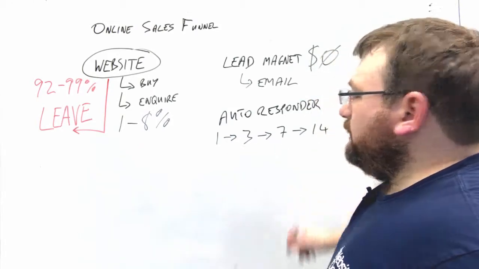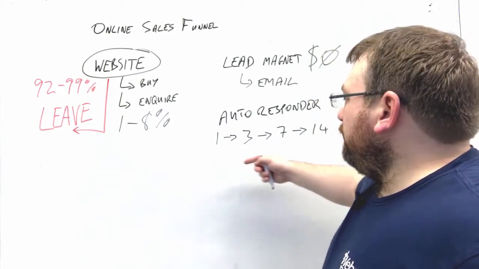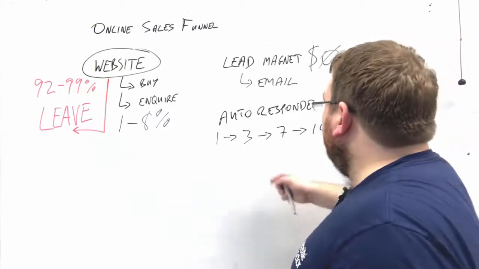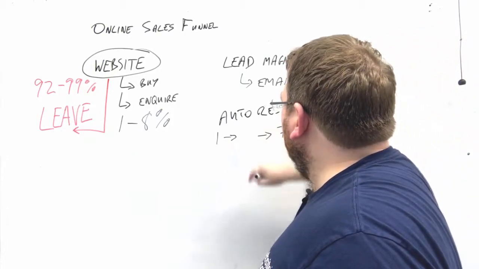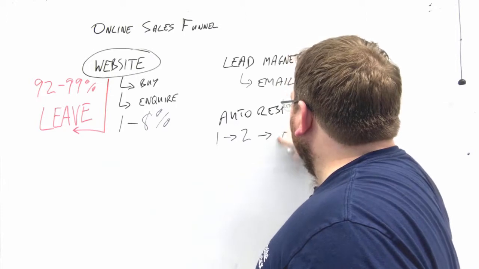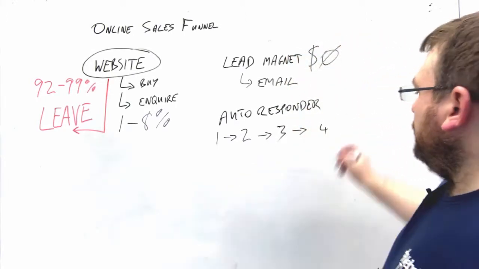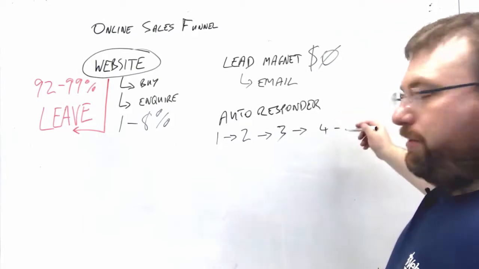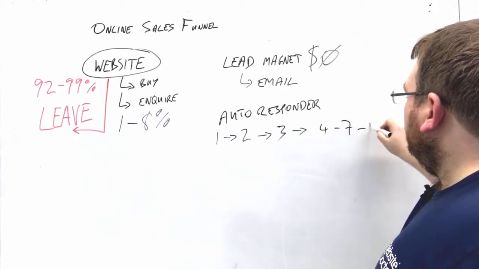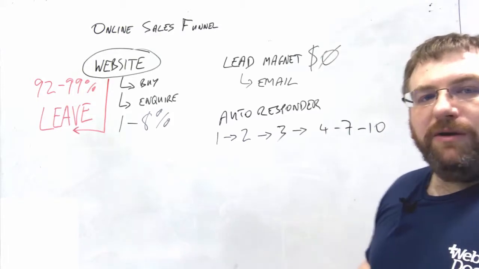Let's say you send one on the first day. I'm going to change this: let's say you send it on day 1, 2, 3, 4, and you might take a break then and do it on 7, 10, something like that.